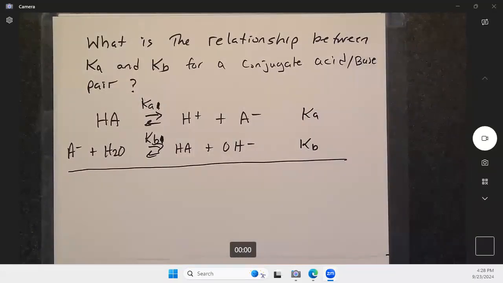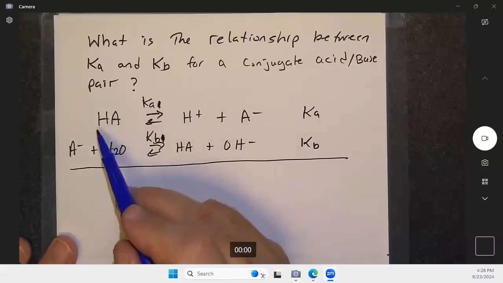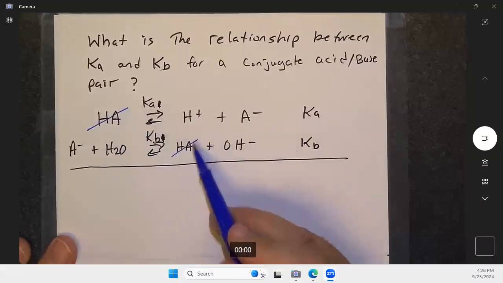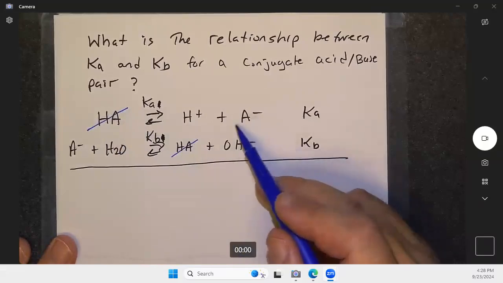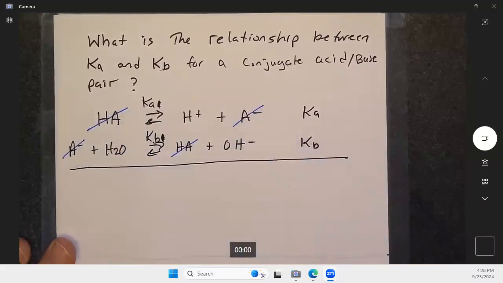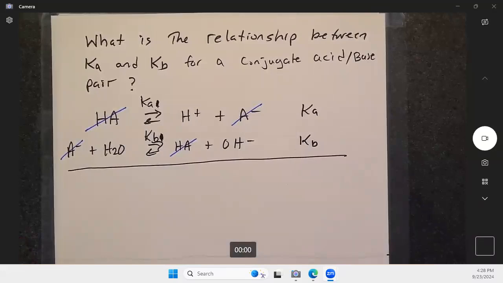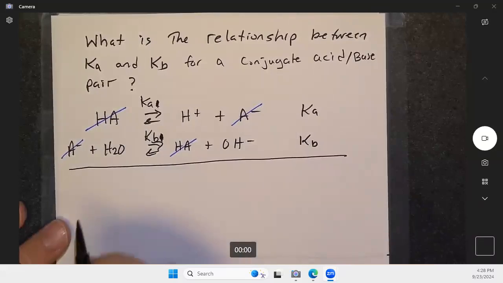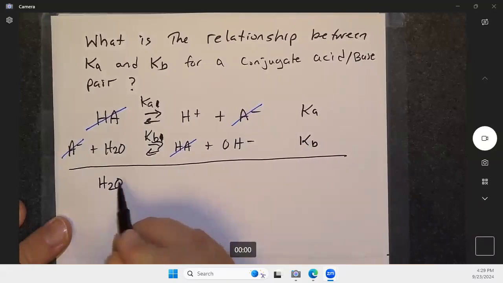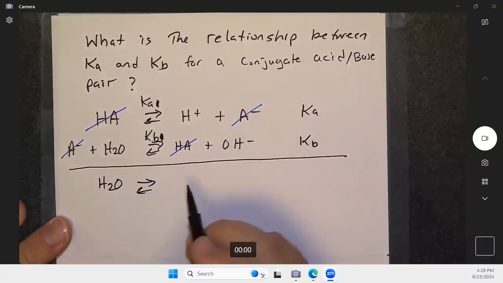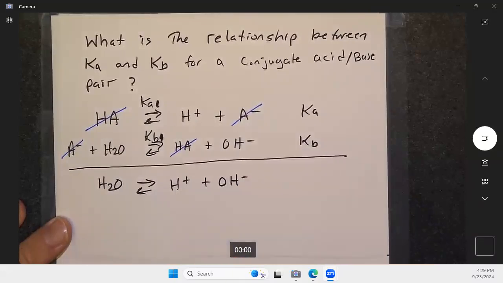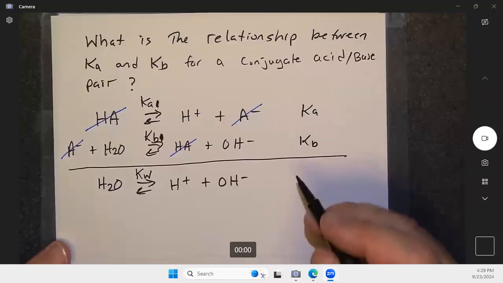And when we add these two reactions together, remember that species that are the same on both sides will cancel, and we'll be left with water undergoing its ionization to H plus and OH minus. And so this is the Kw reaction. And when we add reactions together, we multiply equilibrium constants.